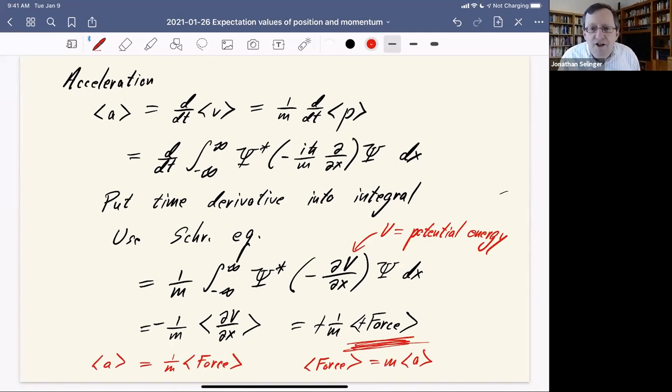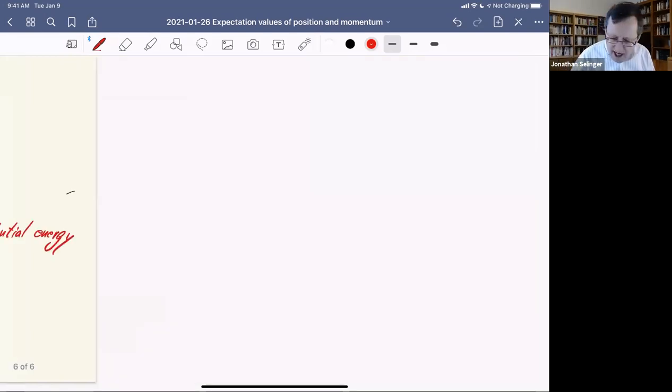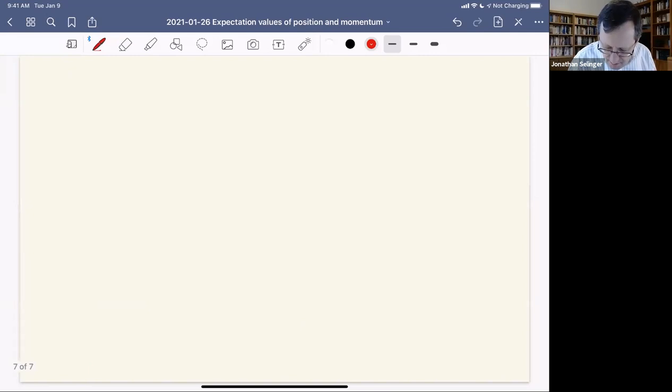And so it's saying quantum mechanics isn't exactly the same as classical mechanics, but when you go to calculate averages like this, then it is consistent with classical mechanics, okay? And this is a fancy thing that gets a name.